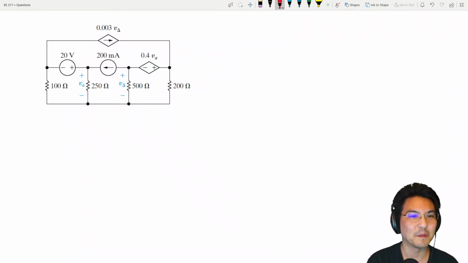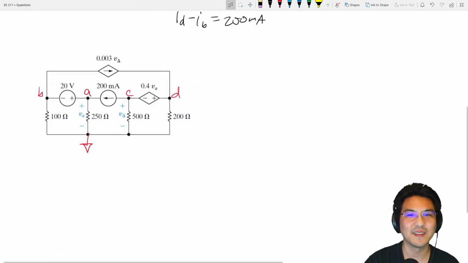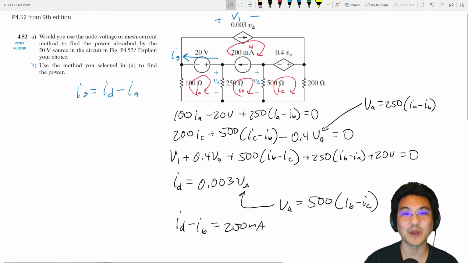Okay, there's a lot in common here, so I'm going to put a reference here, and I'll just label, I see this is called VA, so I'm just going to call this node A. Okay, so we have 4 nodes, so we have 4 unknowns already. Just like here we had 4 mesh currents, but then we introduced extra unknowns, like this one, right? So it kind of made the situation worse.